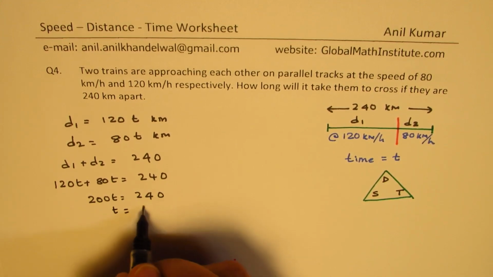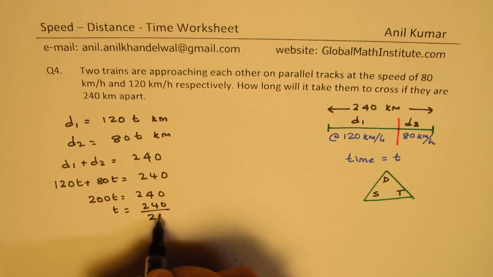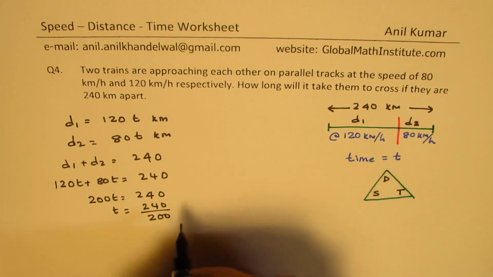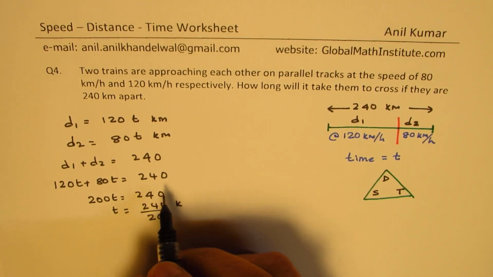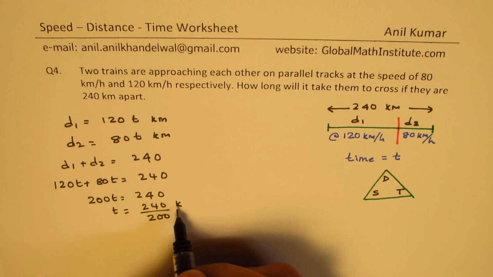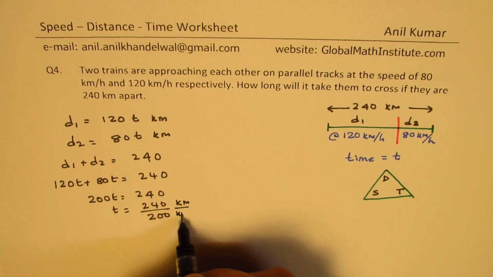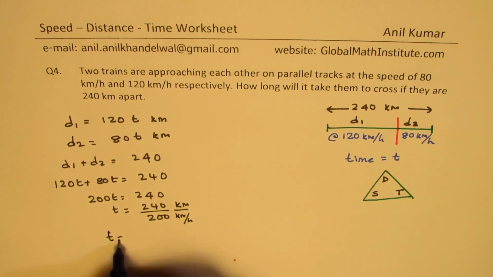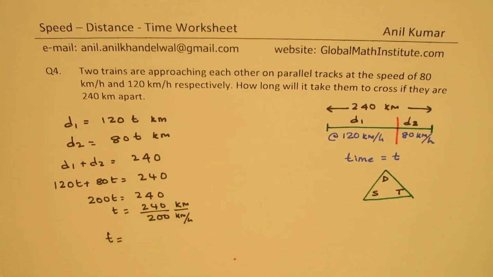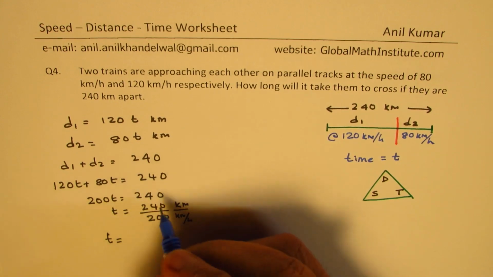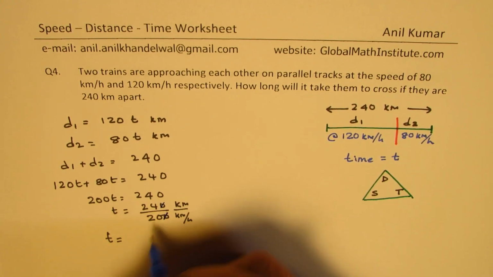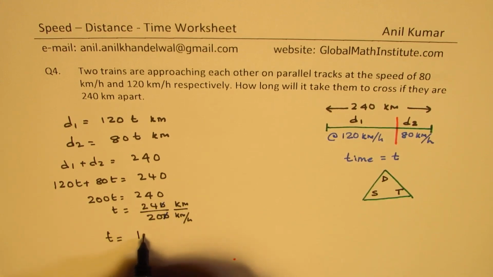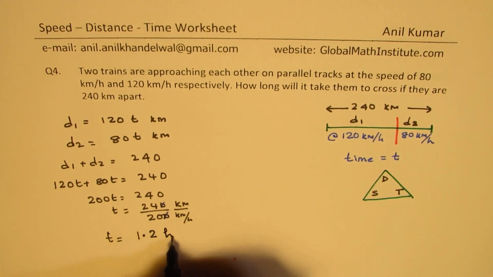So t is 240 divided by 200. The units, of course, kilometers and hours, right? So kilometers and kilometers cancel. So we have time in hours. So t is equal to, we can now simplify this, right? So dividing by 20, we can write this as 1.2 hours.